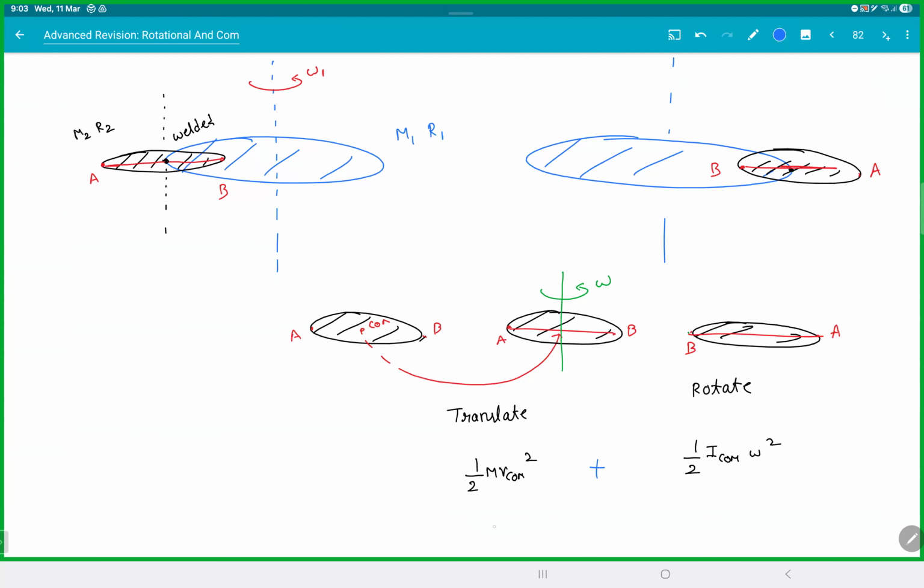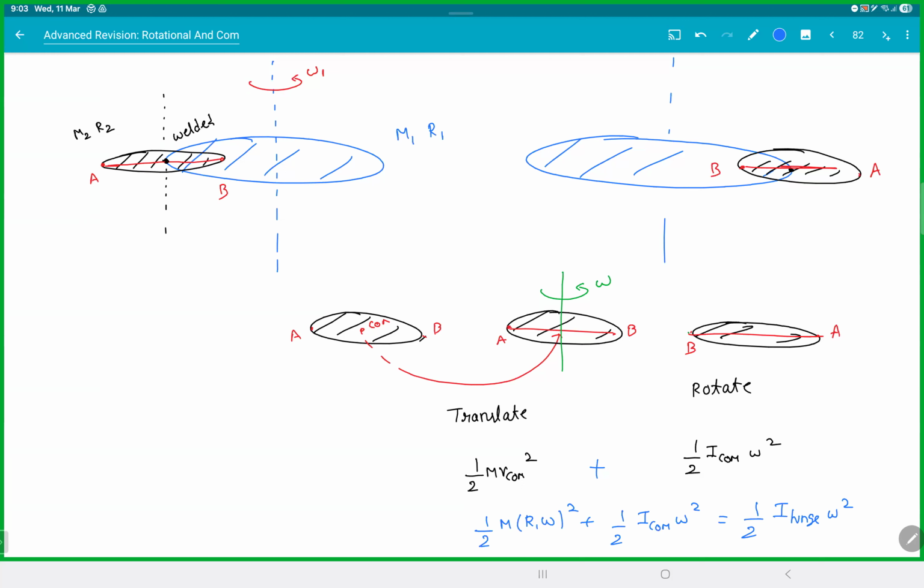So this half m will be nothing but whatever is that distance there, r1 omega square, plus half I com omega square. This is nothing but half I hinge omega square. Are you clear with this?